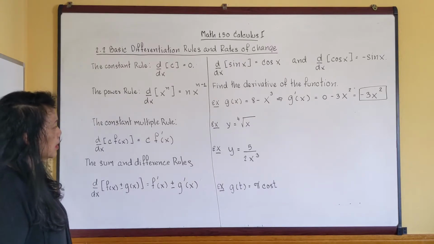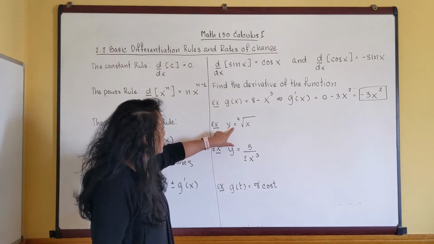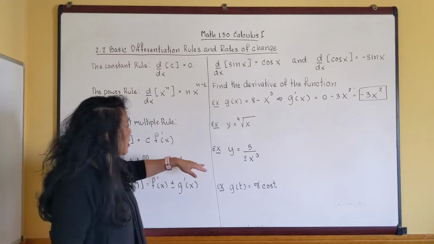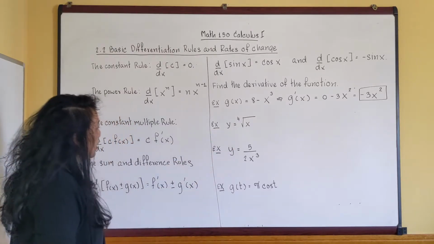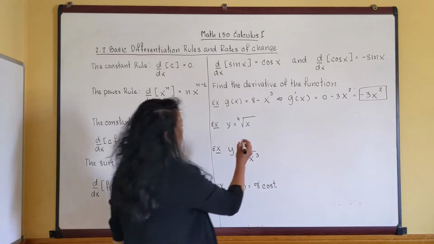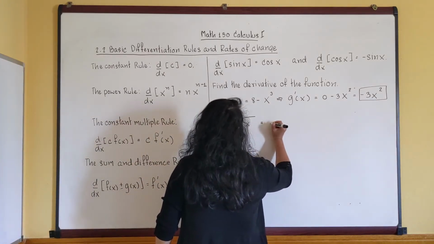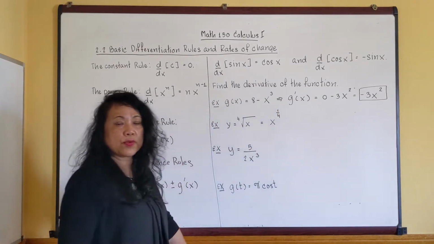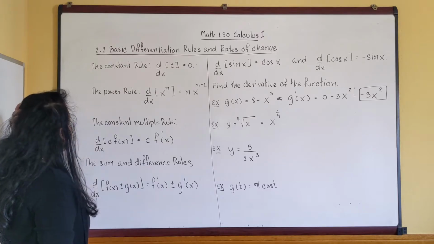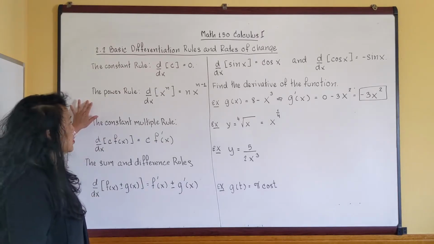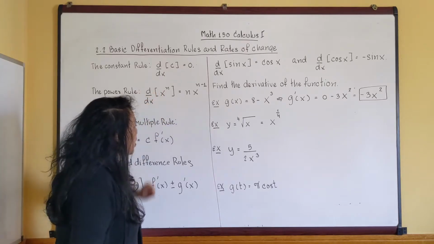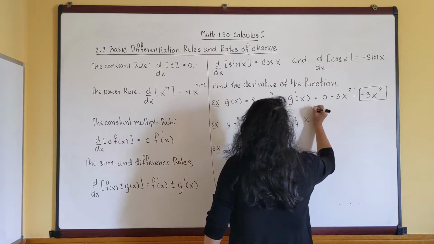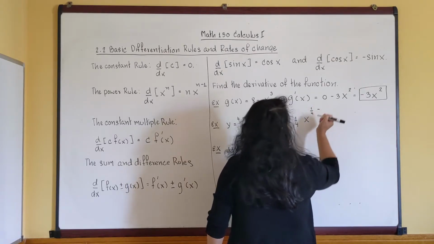Now let's look at the second one. I have y equal to the 4th root of x. We don't have any property here that satisfies this one, so I have to rewrite it. It's going to equal x to the 1/4. 1/4 and 4th root is the same thing. Now I can apply the power rule. I bring the exponent up front, which is 1/4 x to the 1/4 minus 1.